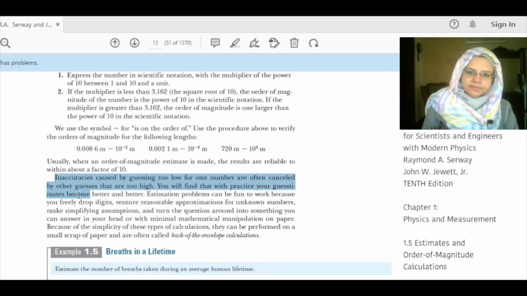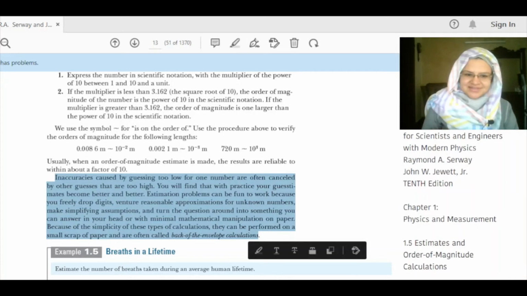Estimation problems can be fun to work because you freely drop digits, venture reasonable approximations for unknown numbers, and make simplifying assumptions, and turn the question around into something you can answer in your head or with minimal mathematical manipulation on paper. Because of the simplicity of these calculations, they are often performed on a small scrap of paper and are often called back of the envelope calculations.